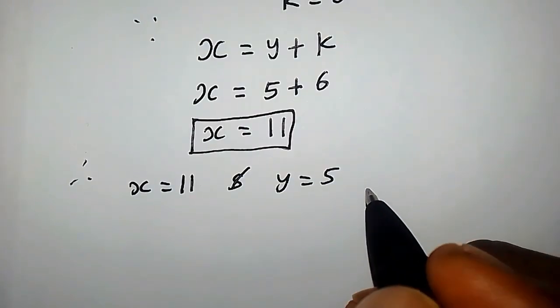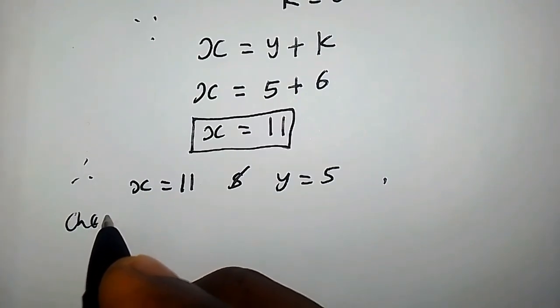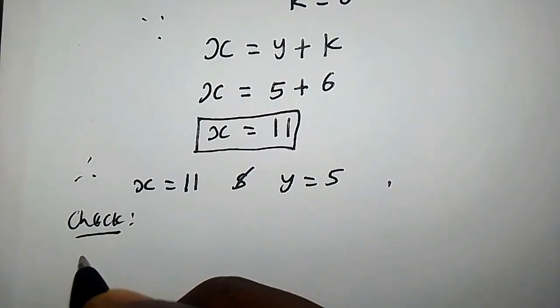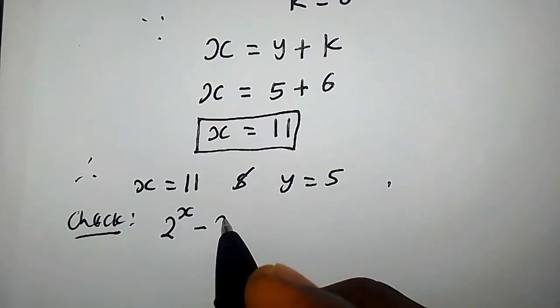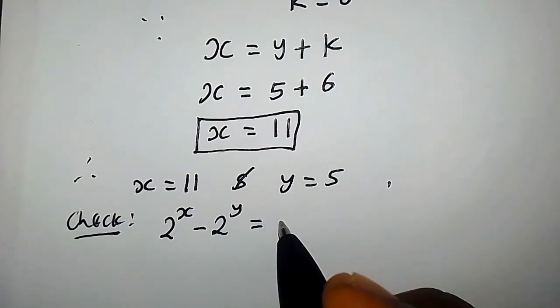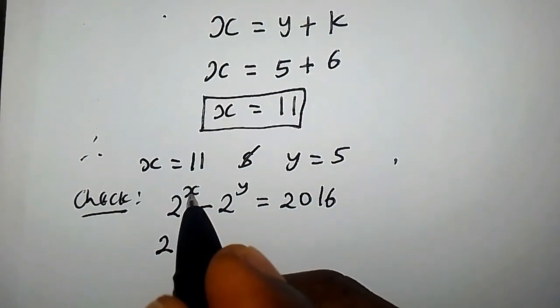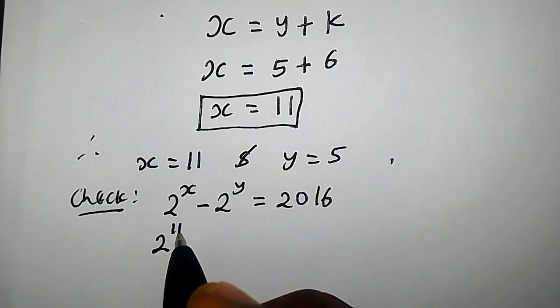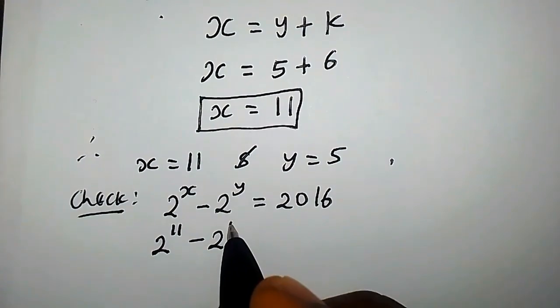Let us verify if these answers are correct. So check. The question says 2 to the power of x minus 2 to the power of y is equal to 2016. What is x? x is 11. Minus 2 to the power of, what is y? y is 5.